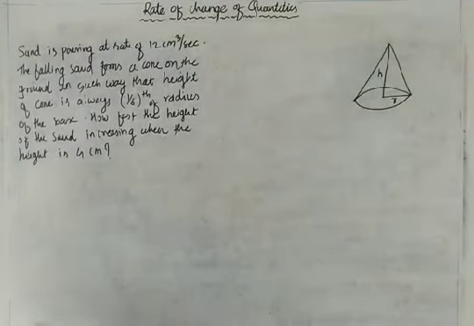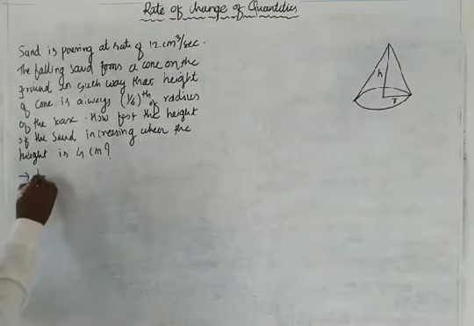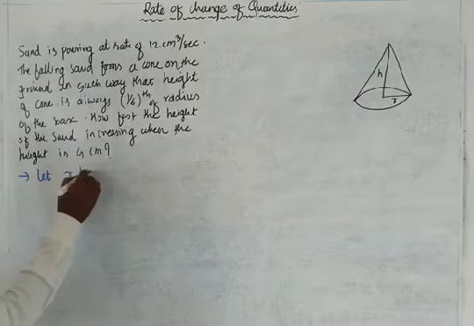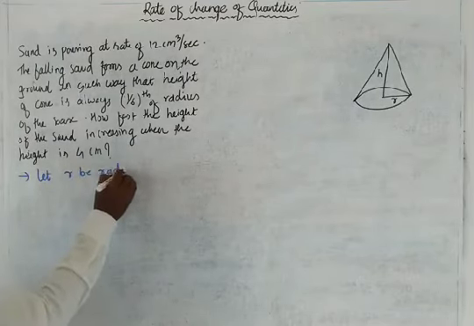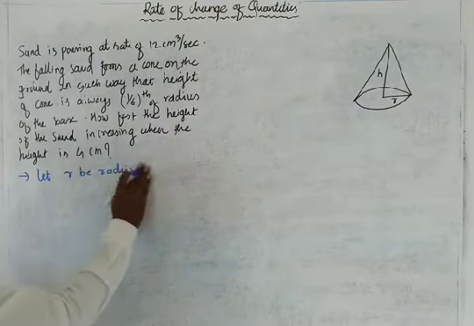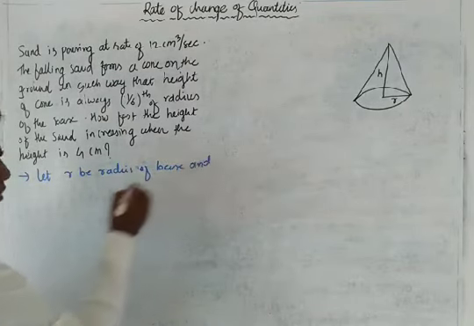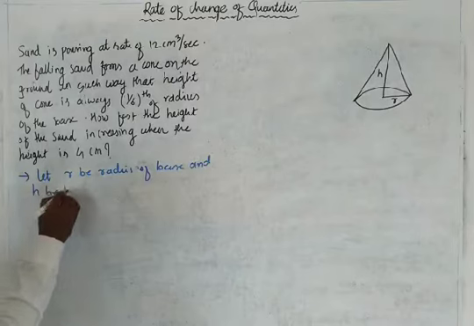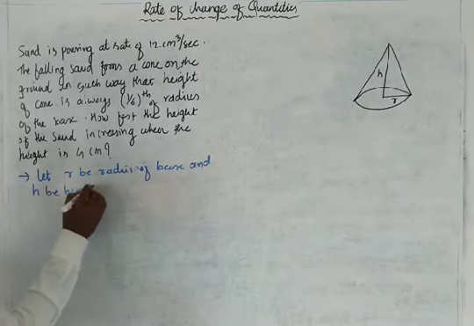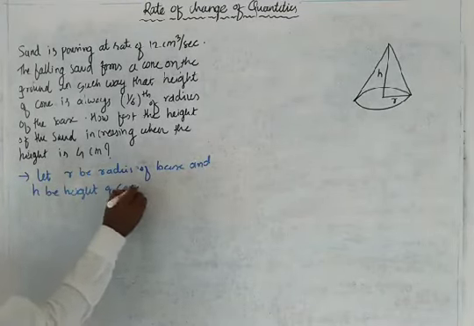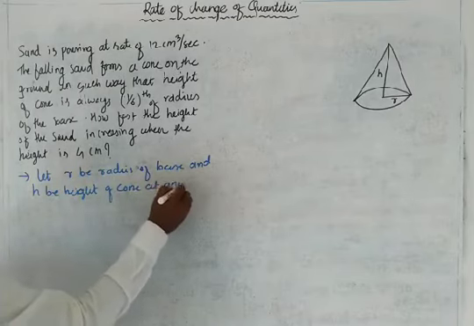So here, let r be the radius of the base and h be the height of the cone at any time t.